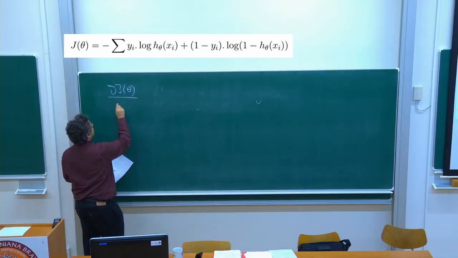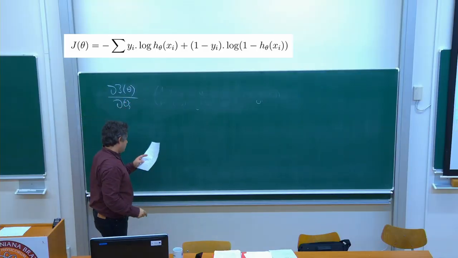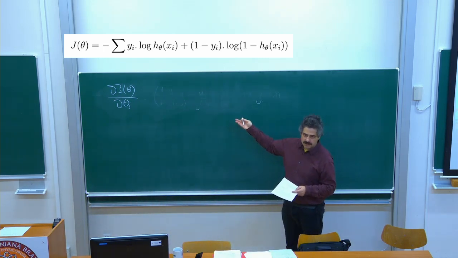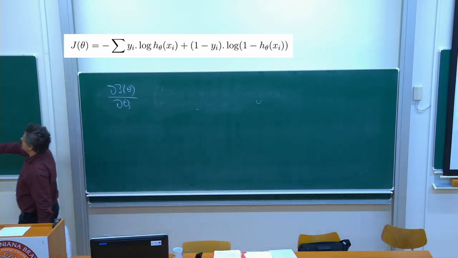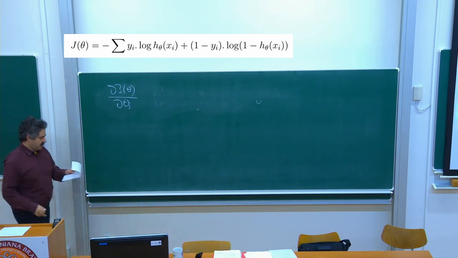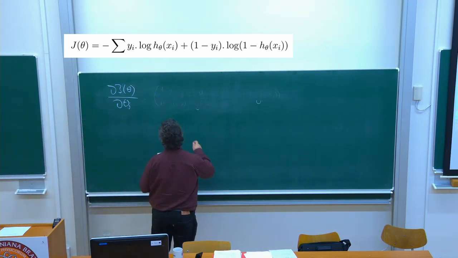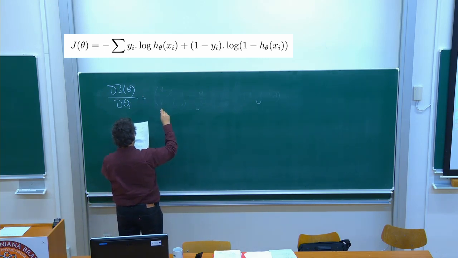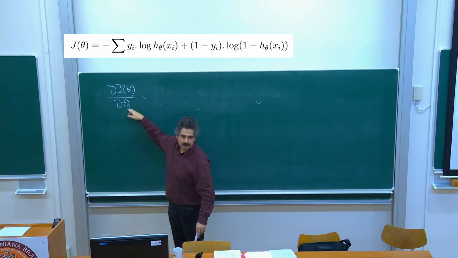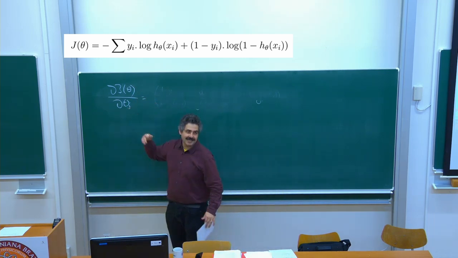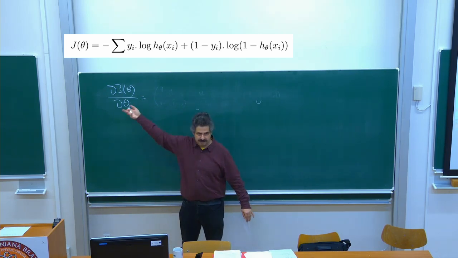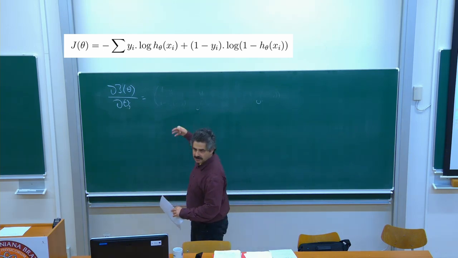So we want to find this, right? To do that, we will use the chain rule, because this is a reasonably unpleasant function. You know how the chain rule works: when we want to take a derivative with respect to something, we take the derivative with respect to something else, and then the derivative of that something else with respect to what we wanted.